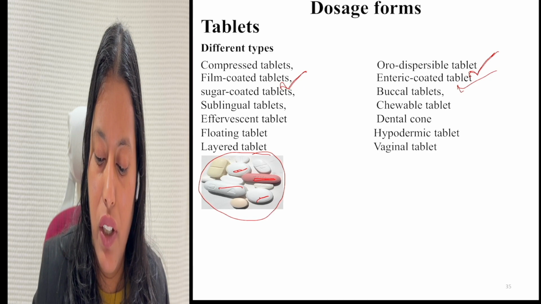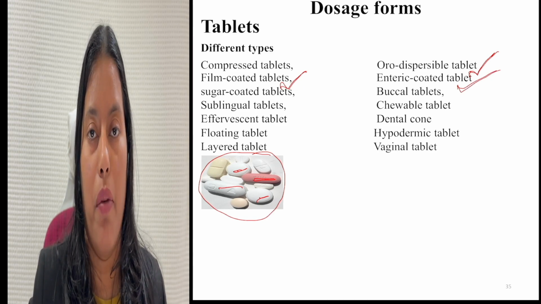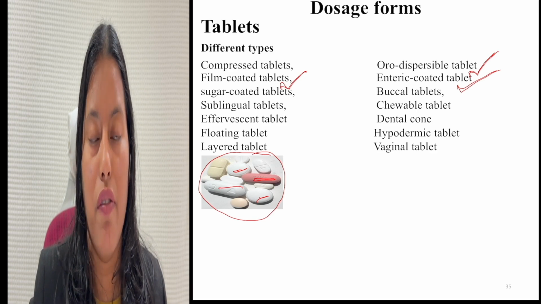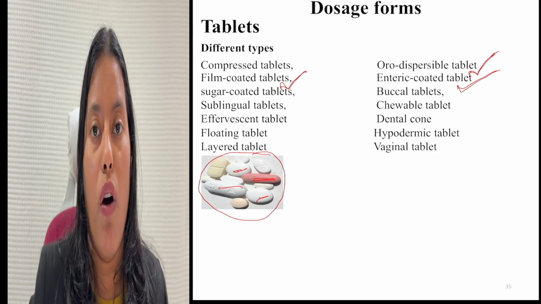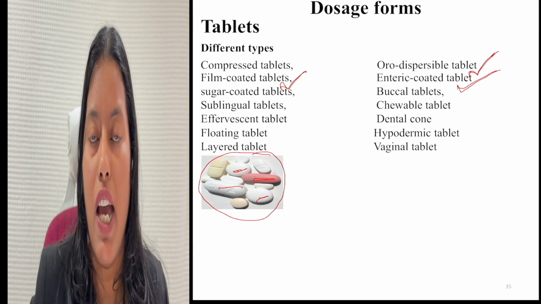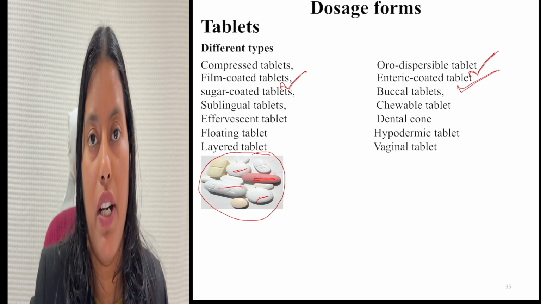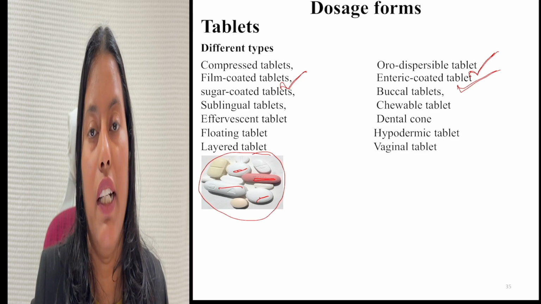Next, you have the enteric coated tablet. Sometimes your drug is unstable in the stomach and it may undergo degradation via the enzymes of the stomach. So to prevent the degradation of the drug by stomach enzymes, an enteric coating is applied and the tablets are called enteric coated tablets.